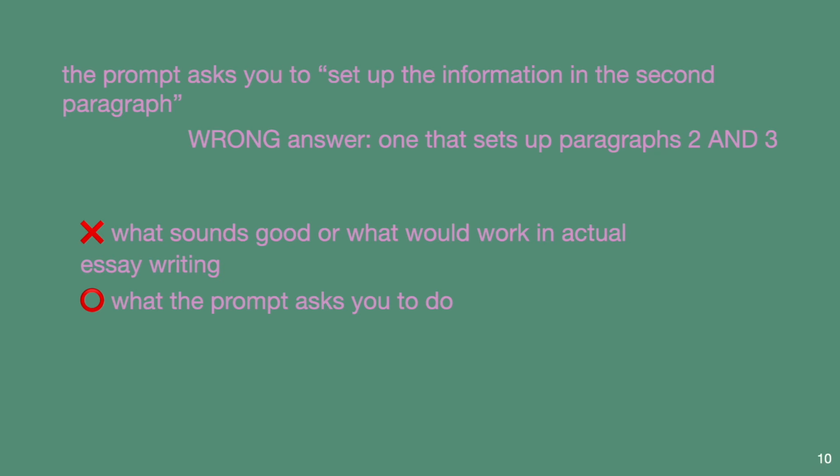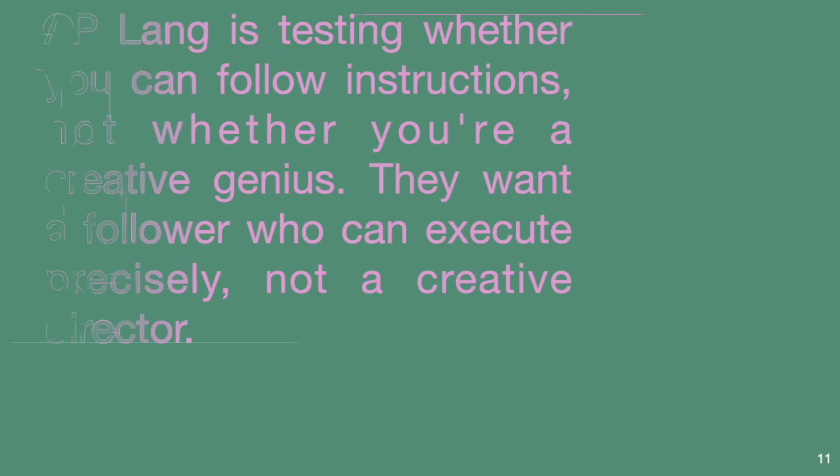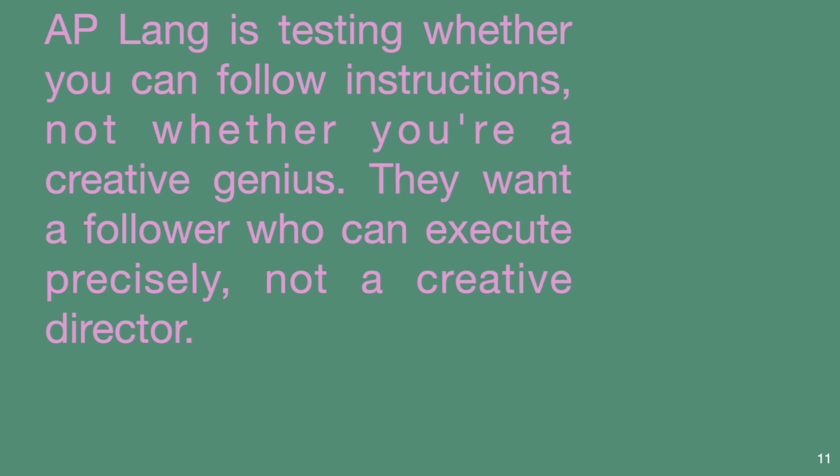You are looking for what the prompt asks you to do. Nothing more, nothing less. Remember, AP Lang is testing whether you can follow instructions, not whether you are a creative genius. They want a follower who can execute precisely, not a creative director.